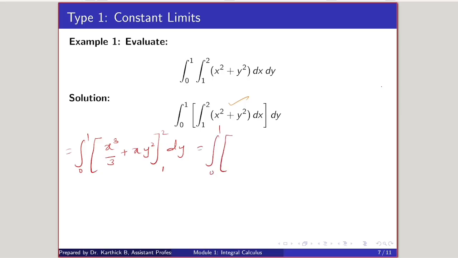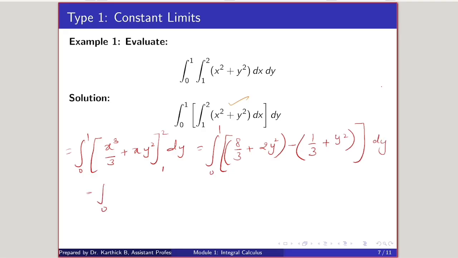If I substitute the limits, it will be 8 by 3 plus, substituting the limit 2 for the variable x, 2y square. This will be for the upper limit, and for the lower limit, it will be 1 by 3 plus y square. Then we have dy.